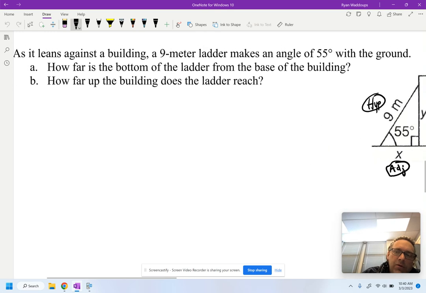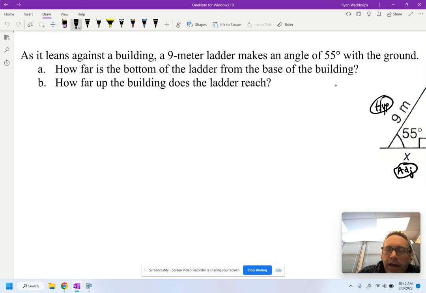I'll come back and do that one afterwards. But right now, I can say A and H, that's CAH, cosine is A over H. The cosine of 55 degrees is equal to the adjacent side, x, over the hypotenuse, which is 9.